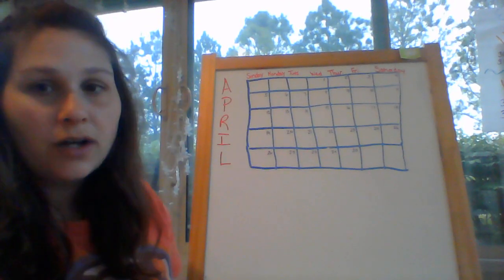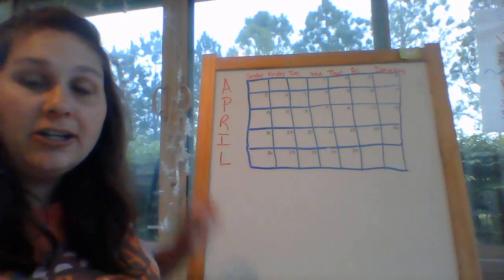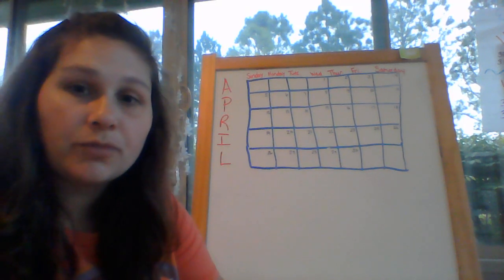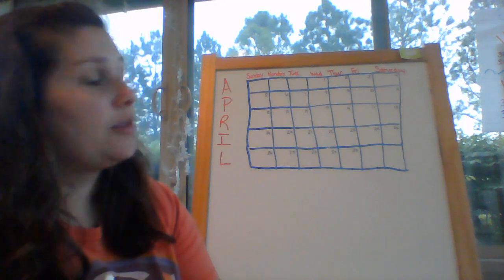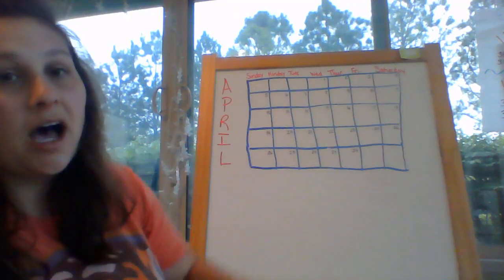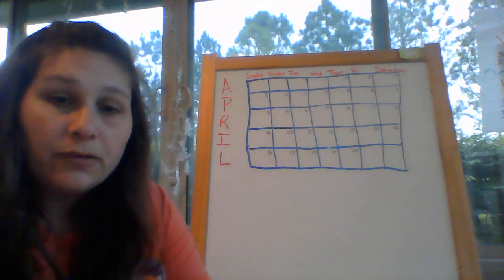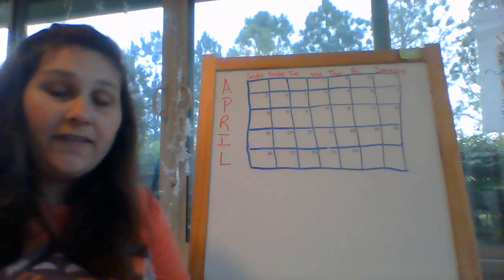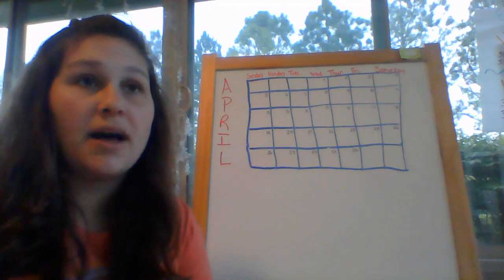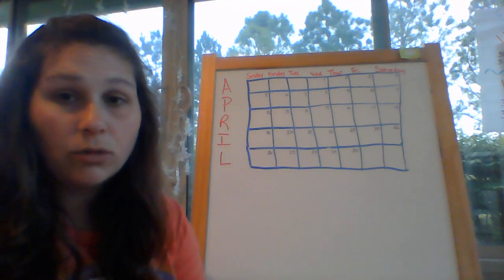Okay, so first of all, I see the word April, so I know that the month is April, right? Other things that I notice on my calendar are I've got the days of the week up at the top, and some of them are abbreviated. So that means I didn't write the full word. There are specific abbreviations for the days of the week, and you'll learn those when you get a little bit older.